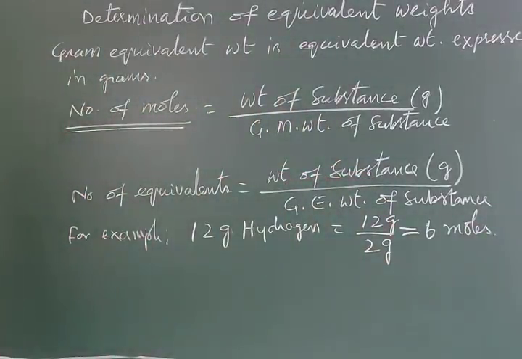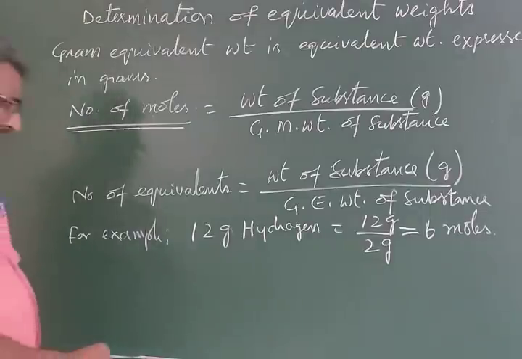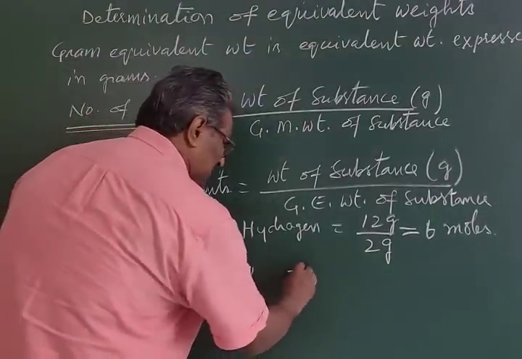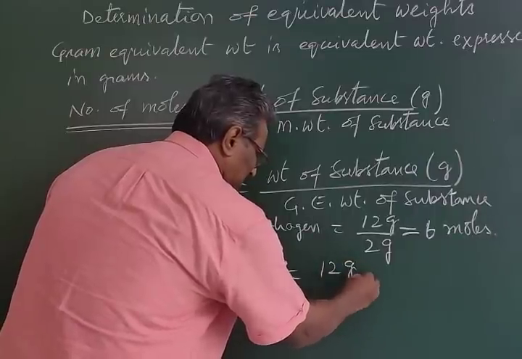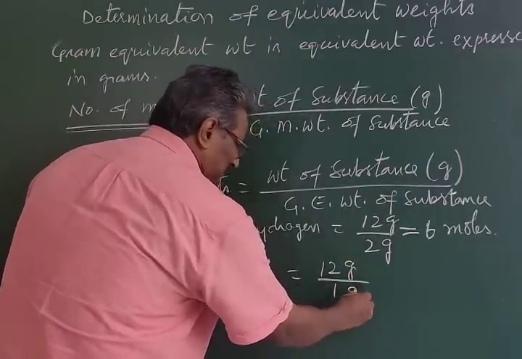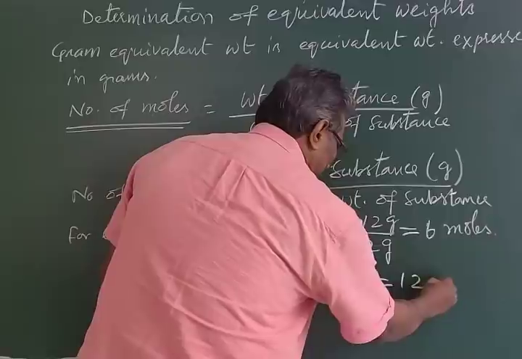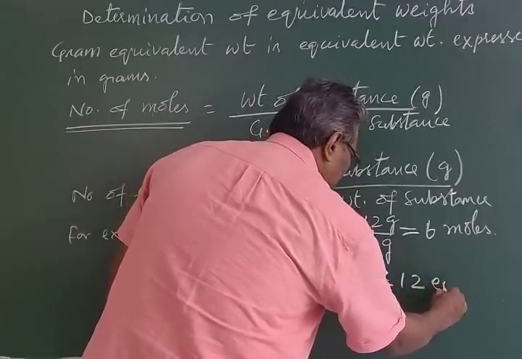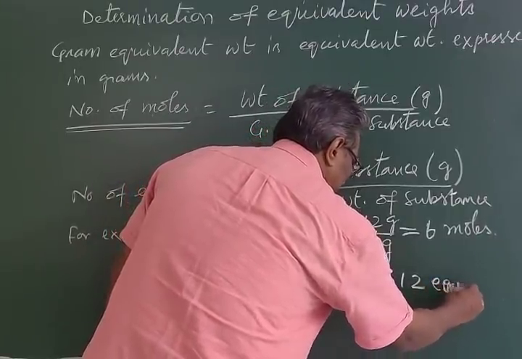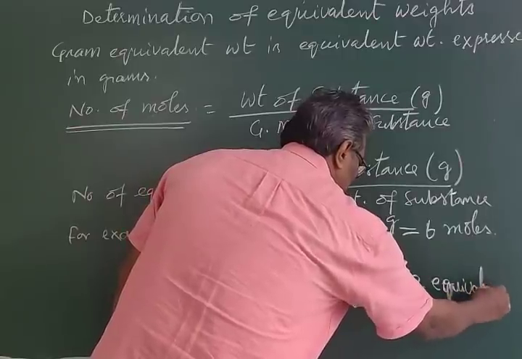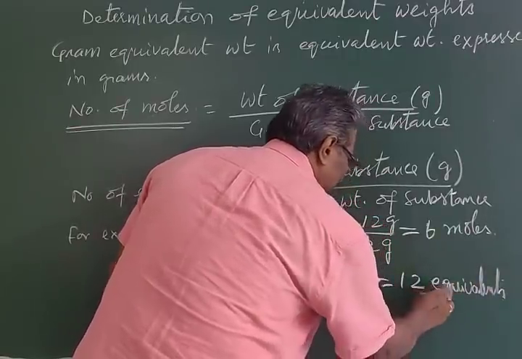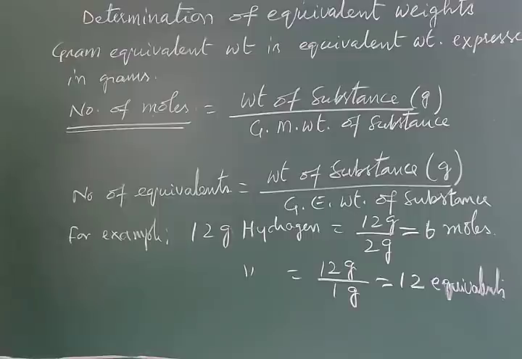And 12 grams of hydrogen is equal to 12 grams divided by the equivalent weight of hydrogen, which is 1 gram, that is 12 equivalents. So 6 moles, 12 equivalents.